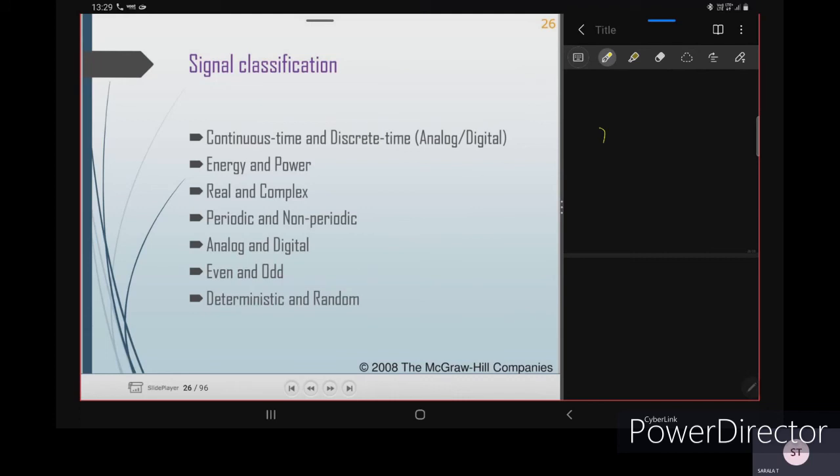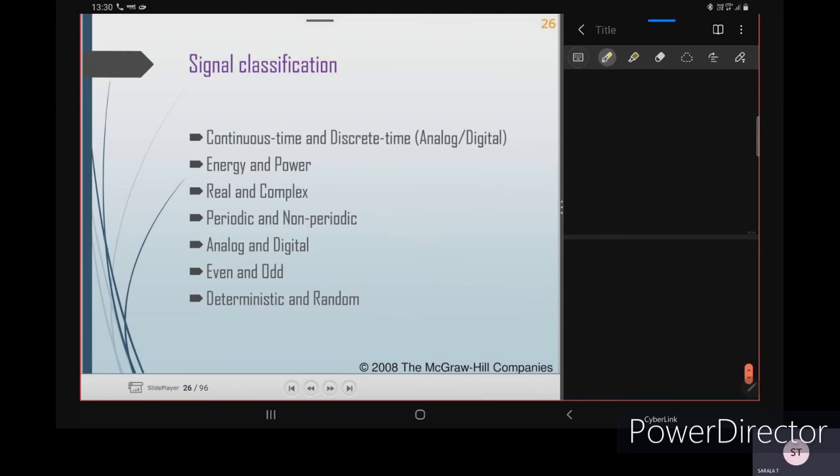Periodic means continuity will be there. If I am writing the signal in this way, this is periodic, meaning repetition. If it is not periodic, you will have it this way, or the frequency is changing, that will be non-periodic.